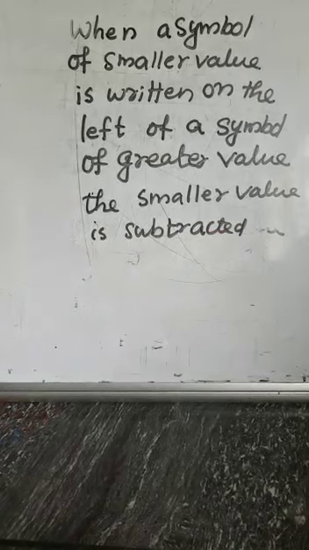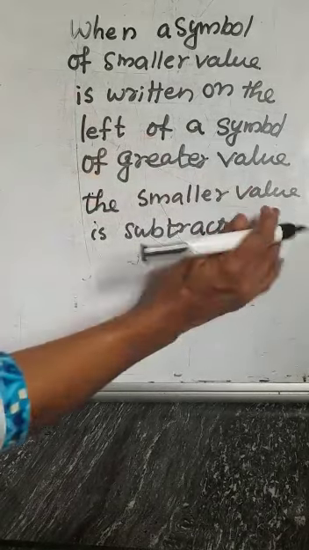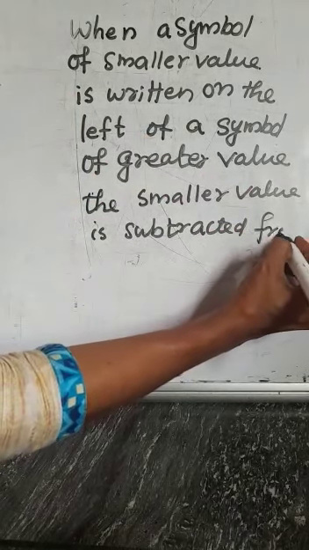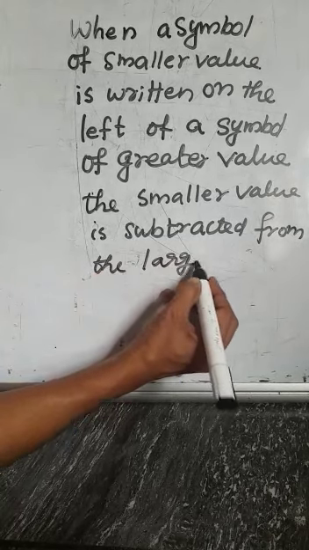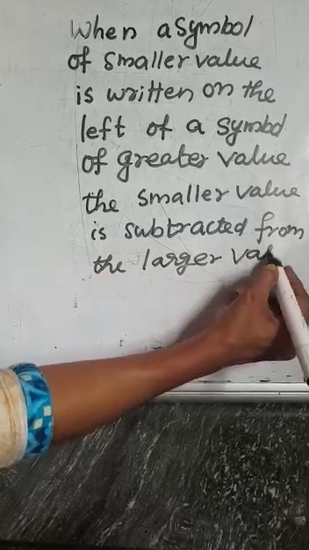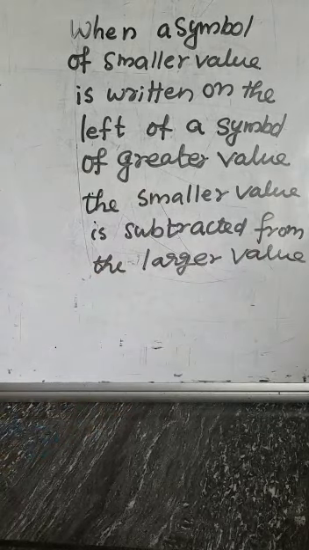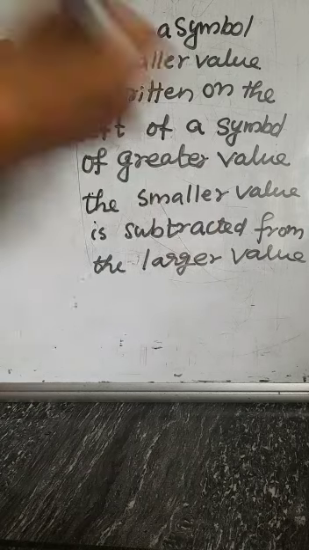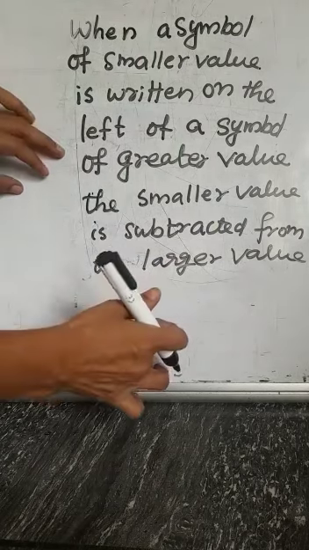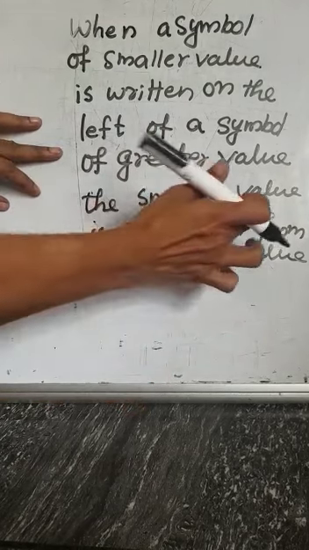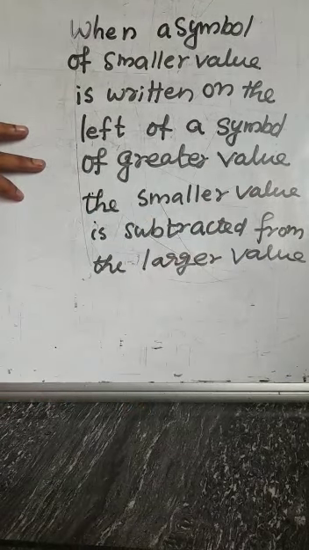The smaller value is subtracted from the larger value. From where? From the larger value. Children, I repeat, when a symbol of smaller value is written to the left side of a symbol of greater value, the smaller value is subtracted from the larger value.